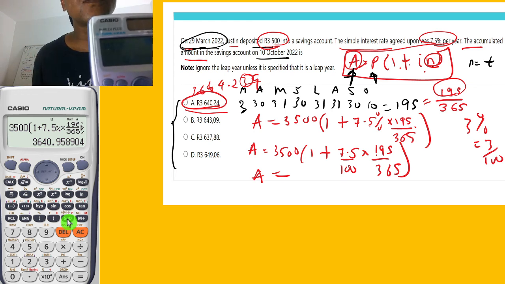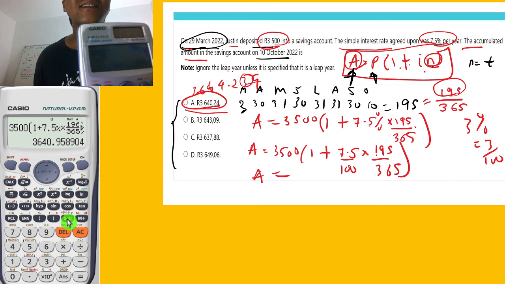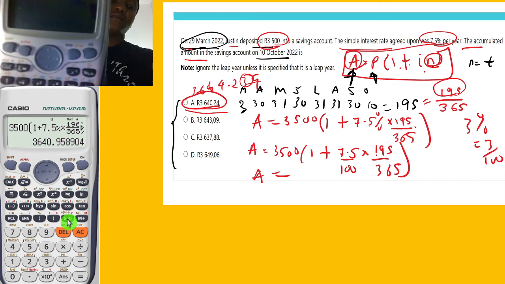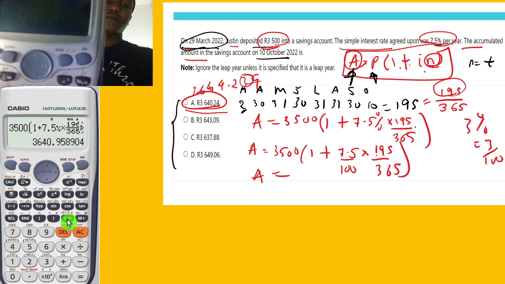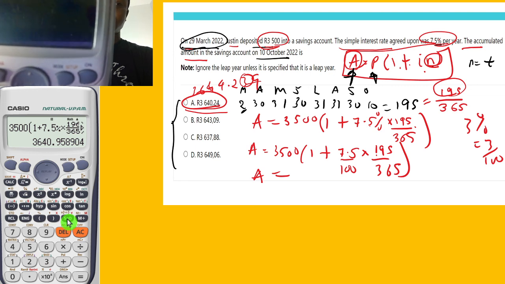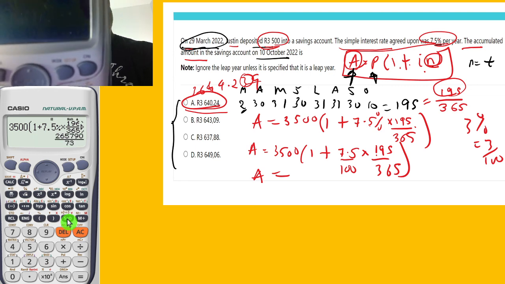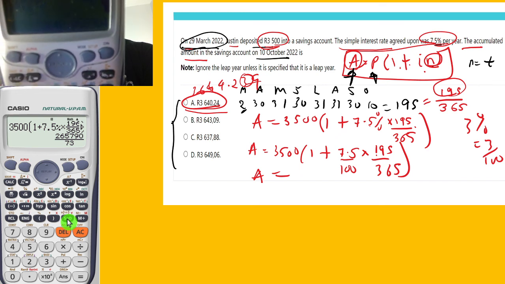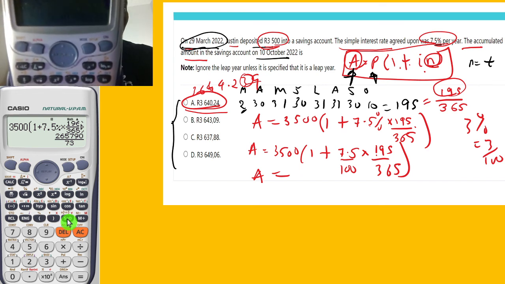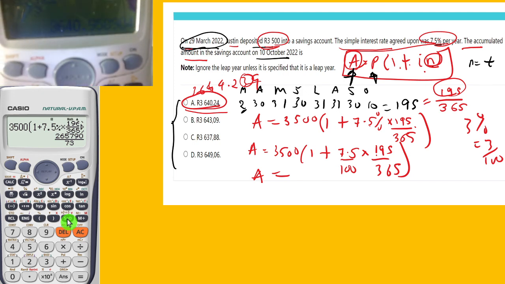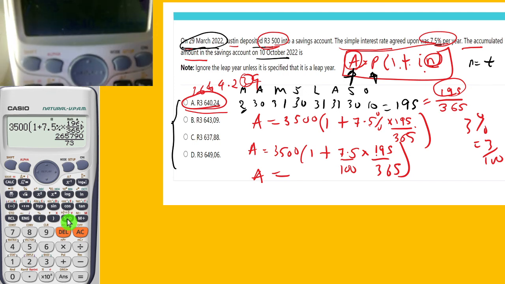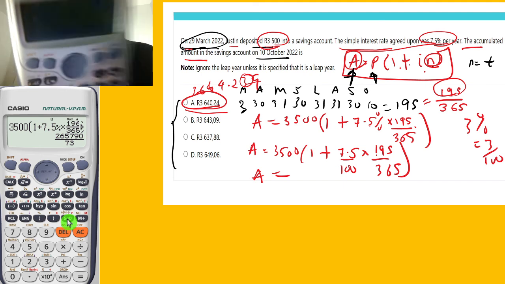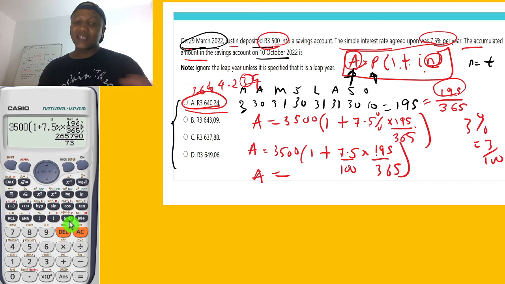No, I don't think you can see. So it's still the answer is 3640. So this is the closest answer. So yeah, it's still option 1.